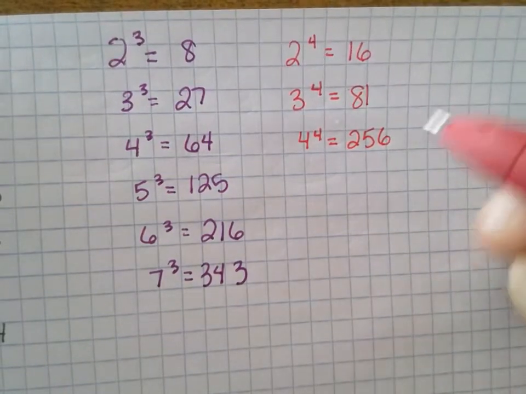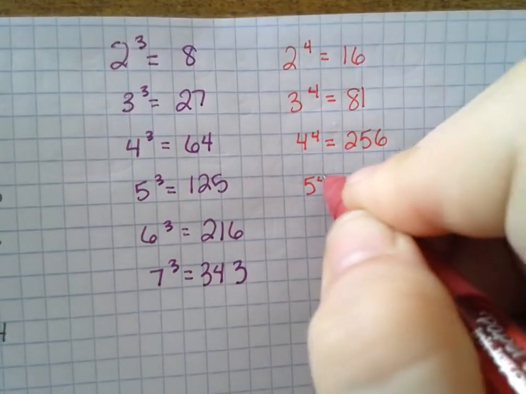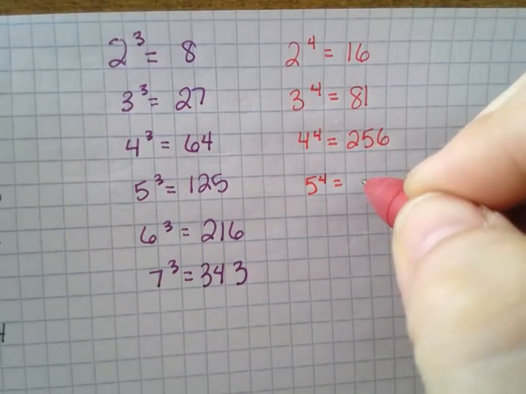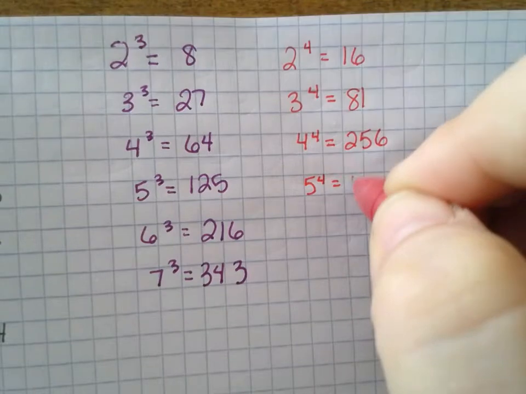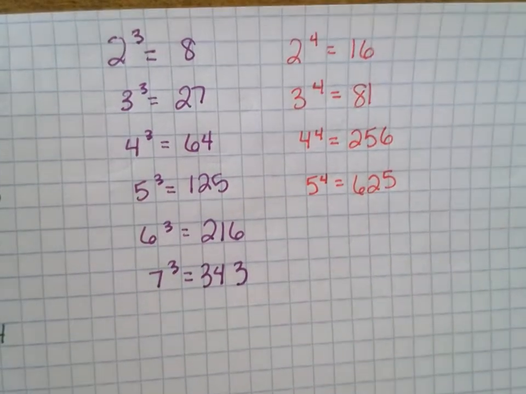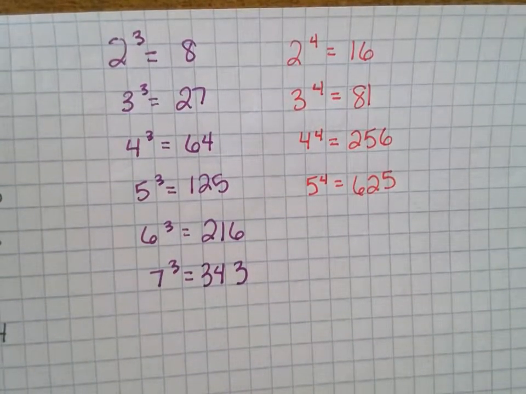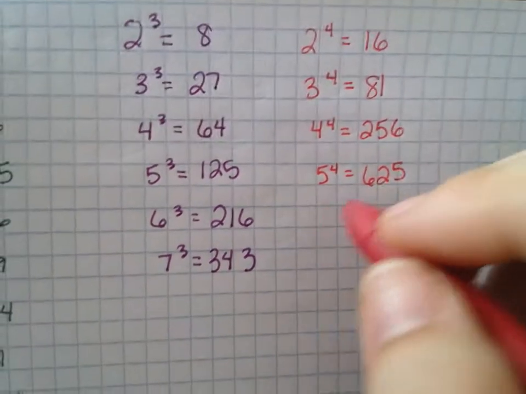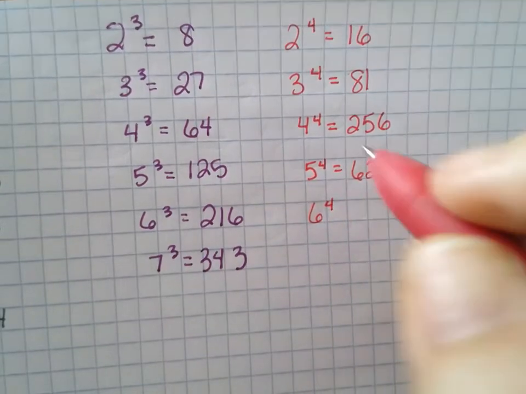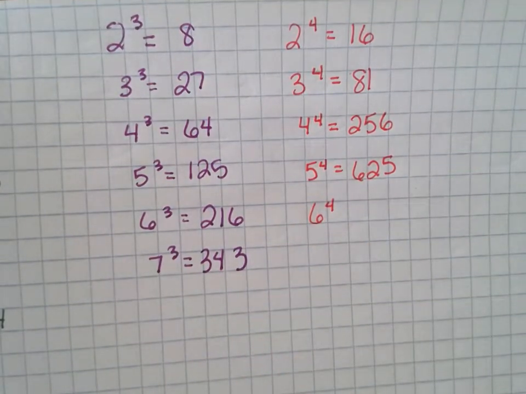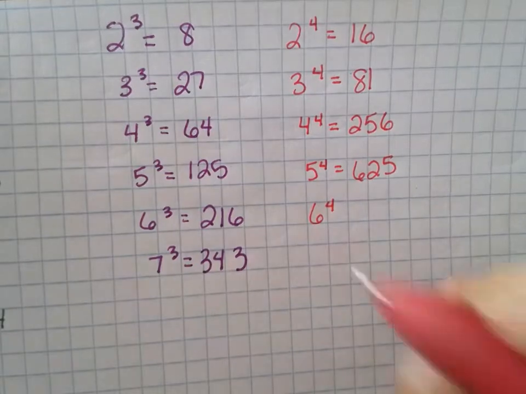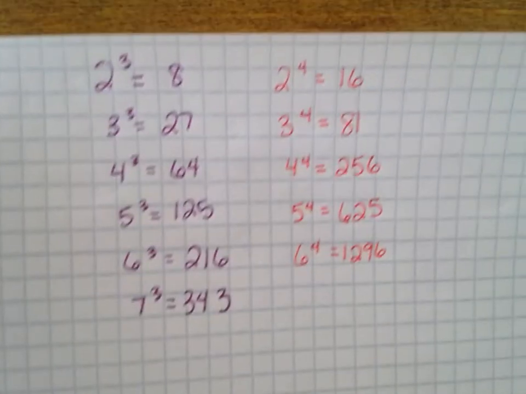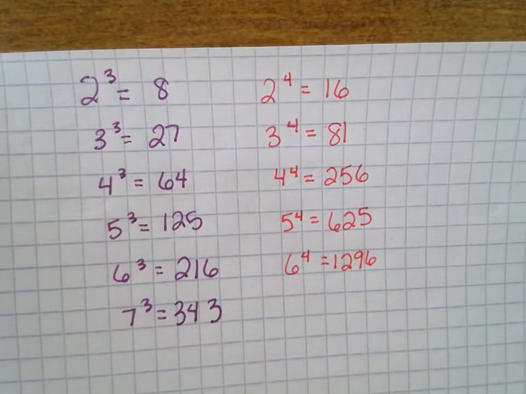And just for fun, 5 to the 4th. 25 squared, so 625. And have we done 6 to the 4th? You all did have 6 to the 4th, didn't you all? Was that the 1296? Yep. Okay, so it might be helpful to just note, those are ones that come up frequently.